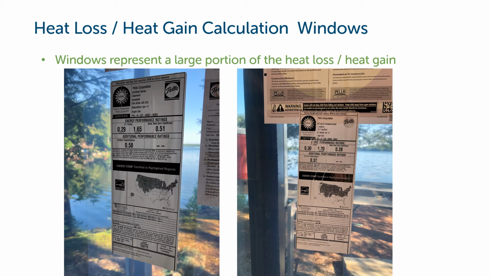And here are two labels from Energy Star windows in the same house on different orientations. So the higher solar heat gain coefficient allows more solar heat gain. You see the one on the left where they have a solar heat gain of 0.51. Those were in south-facing windows. This customer wanted to maximize the input from the south-facing windows.